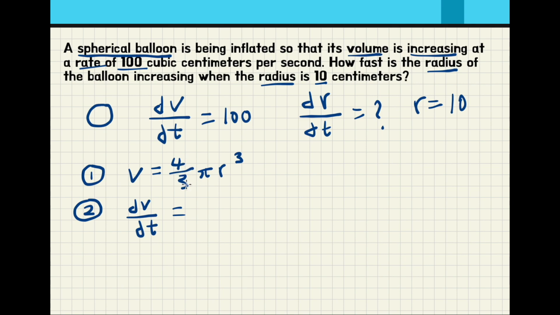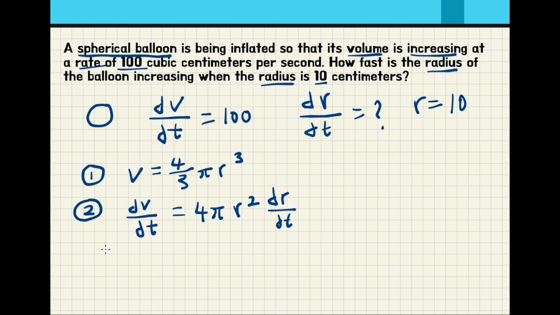So 3 times 4 over 3, the 3's cancel out, so we have 4. Pi is a constant, so we leave it alone. And r squared, because we subtract 1 from the power. And then don't forget to write dr dt.